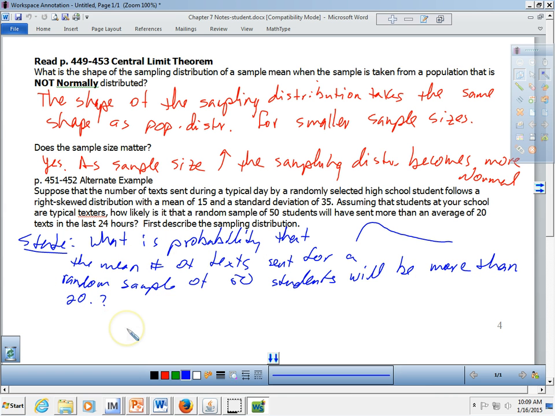Okay, and that'll tell us how likely it is that a random sample of 50 students will produce a mean of 20 texts, right? So plan.